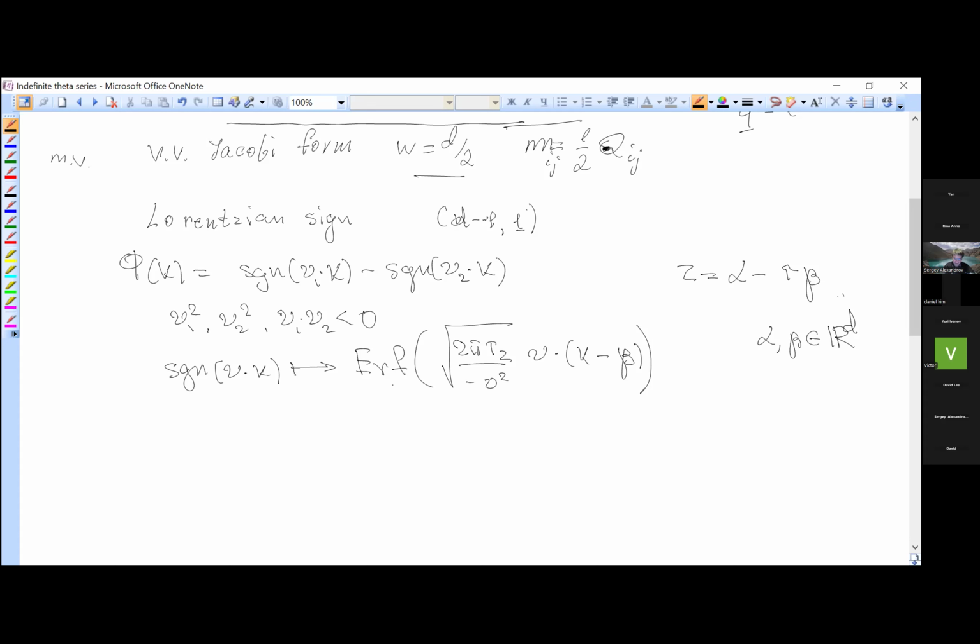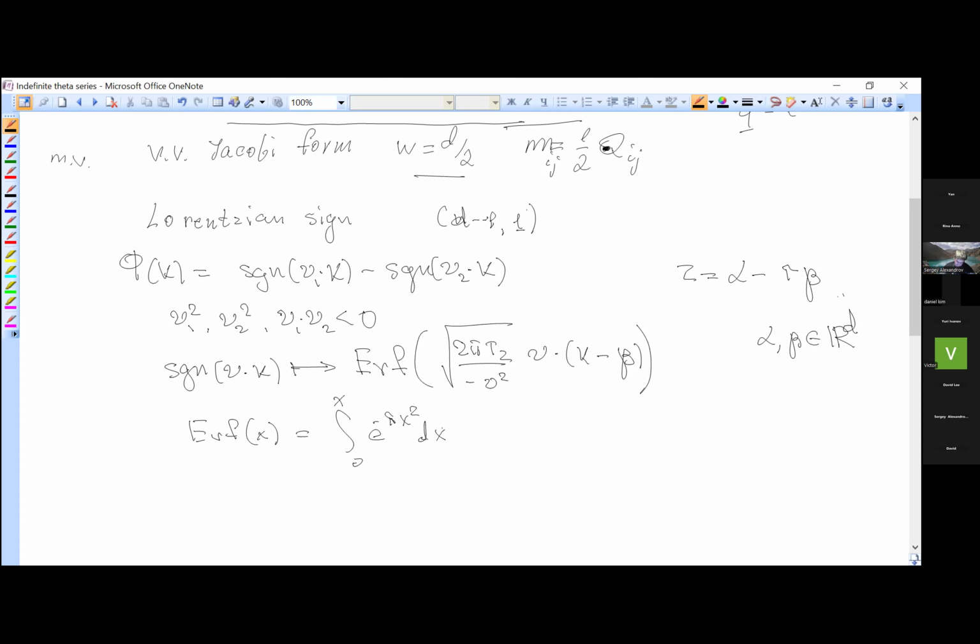If I remember correctly, it's the integral of a Gaussian exponential, from zero to the argument in the brackets. I don't remember the concrete normalization, so there will be some factors of pi somewhere, but roughly speaking it's something like that.